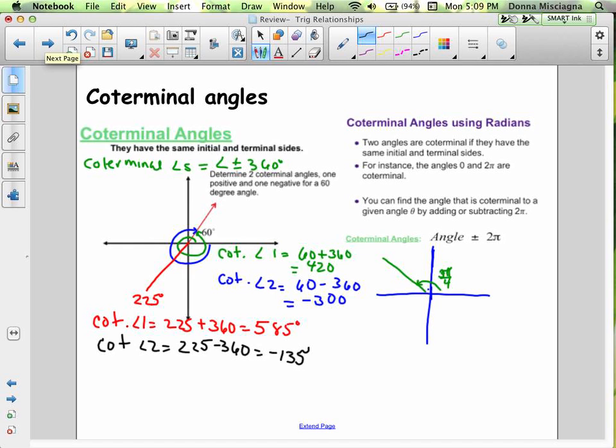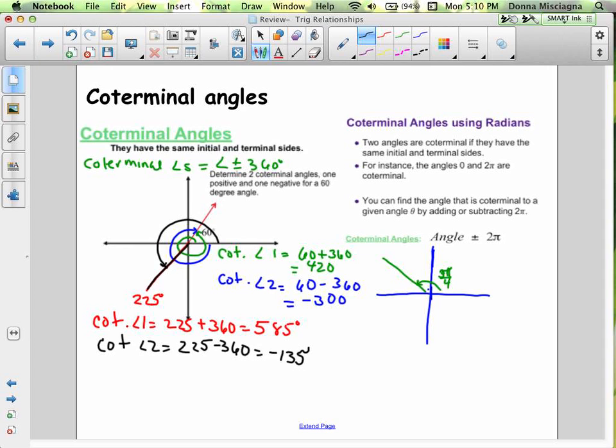So whether I go 225 degrees in the positive direction, or 585 degrees in the positive direction, or 135 degrees in the negative direction, either way, we're going to end up on that same 225 degree angle. Okay? All right, so that's how you find coterminal angles in degrees.